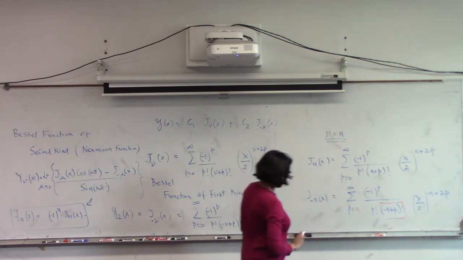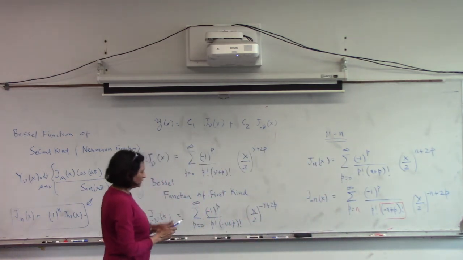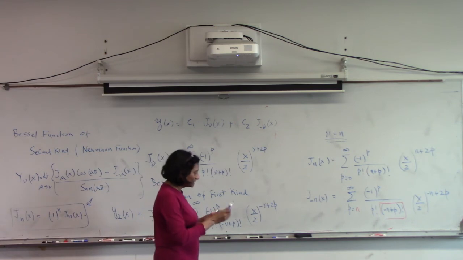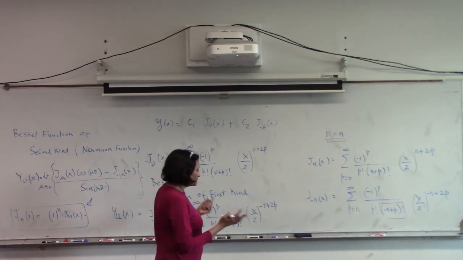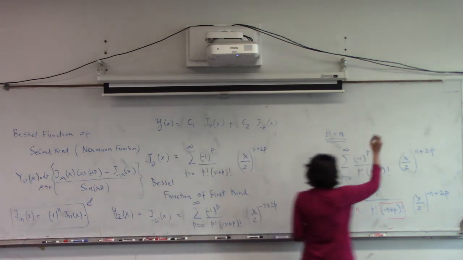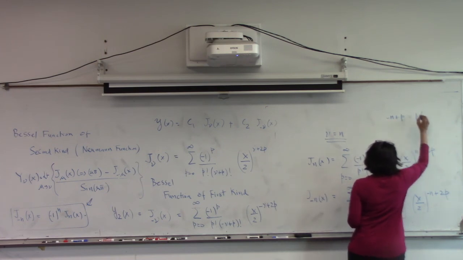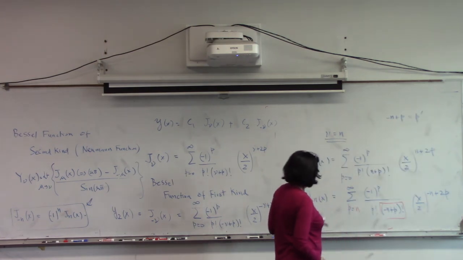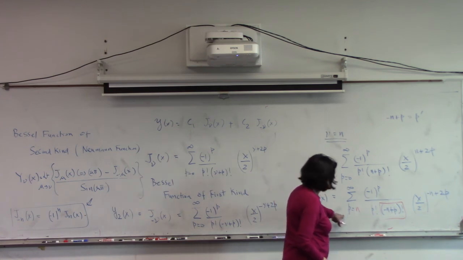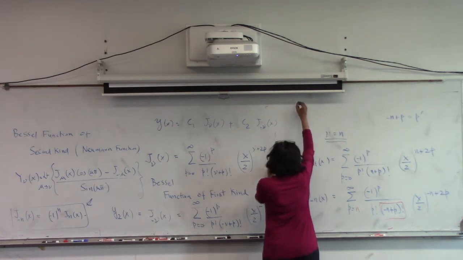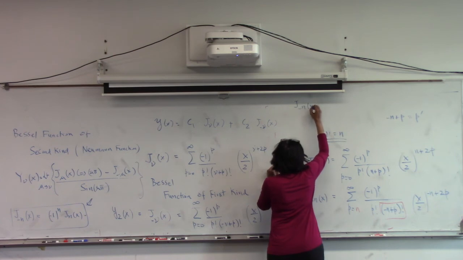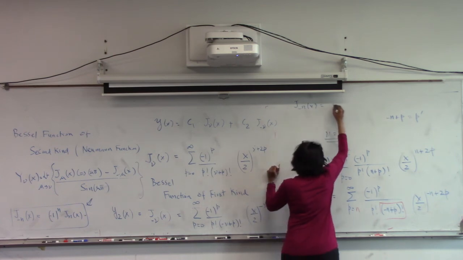That's the first step, embedded in the property of negative integer factorials. Once you have it, I can start doing some manipulations. Let me define a change of variables: n plus p is p prime. When p equals n, p prime is 0, right? So I can write J of minus n of x as a summation over p prime going from 0 to infinity.